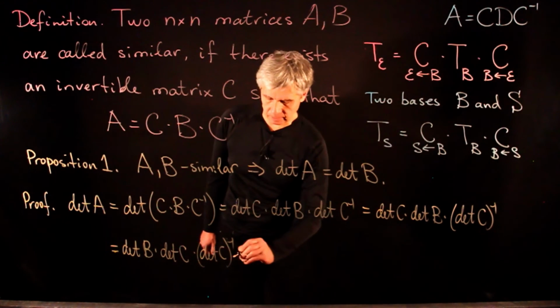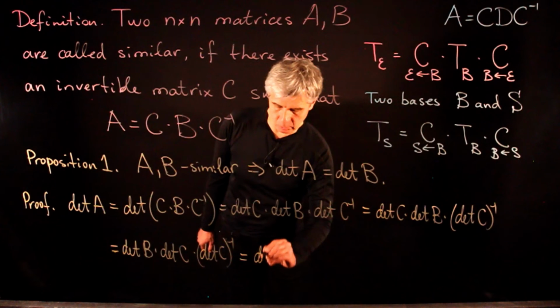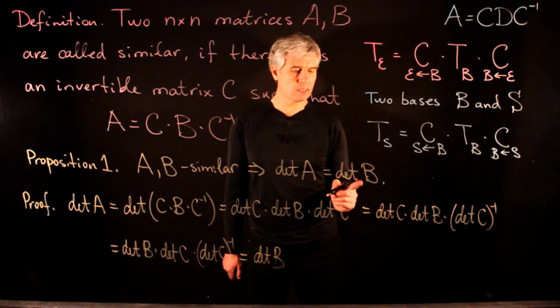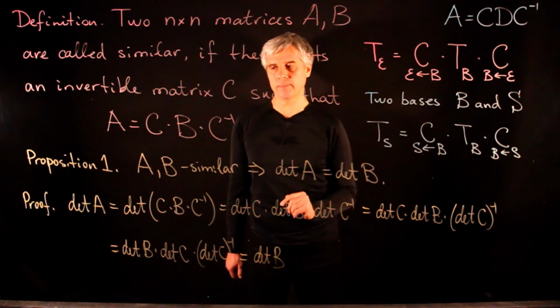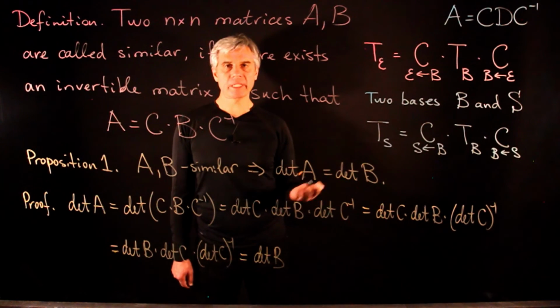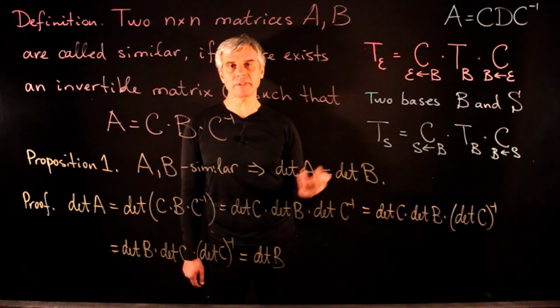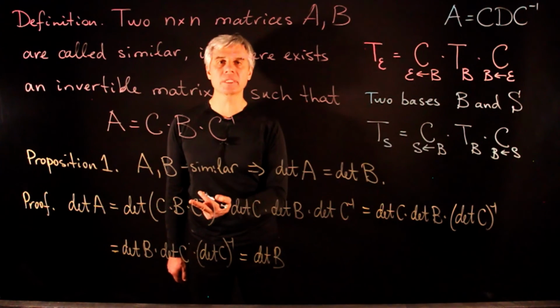And then this indeed simplifies to determinant of B. We obtain that determinant of A is equal to determinant of B. So immediately we see that there are many non-similar matrices: if two matrices have different determinants, then they are not similar.